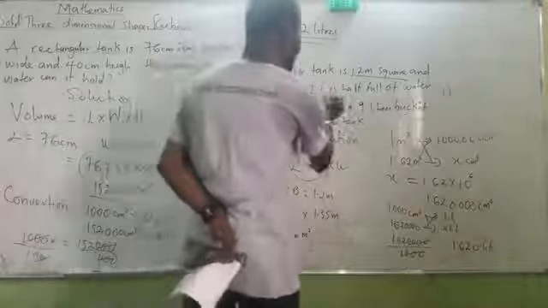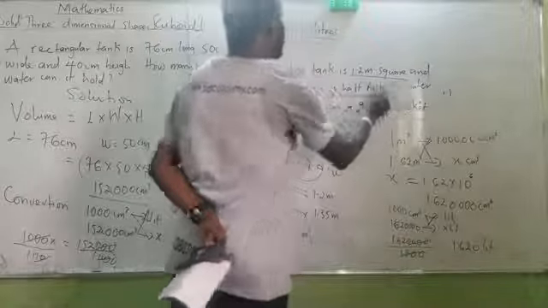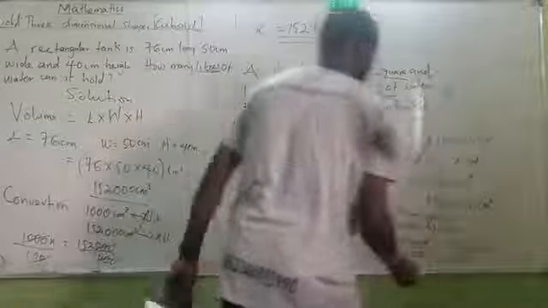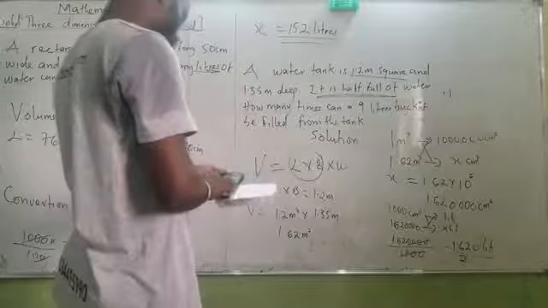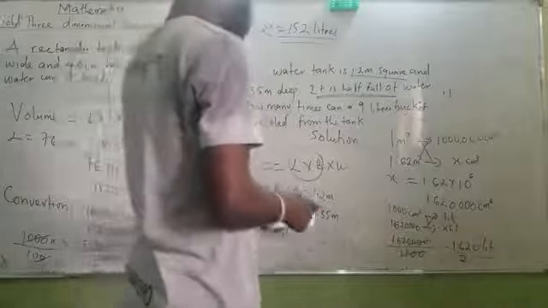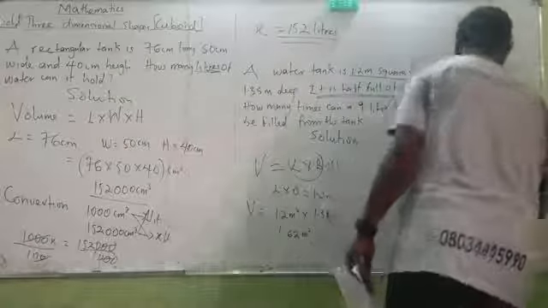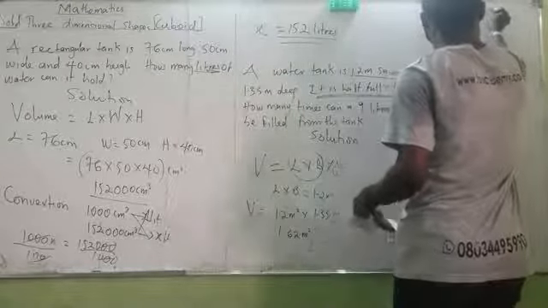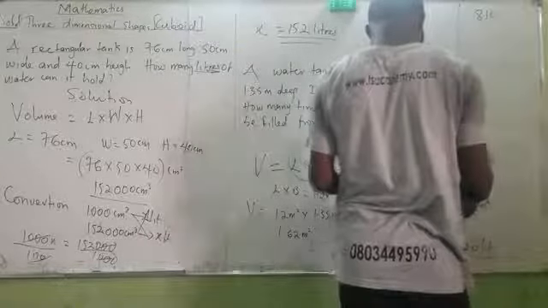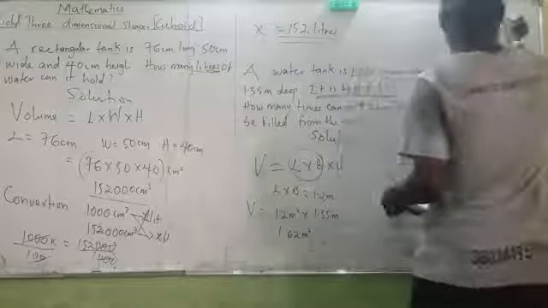Can you see? Half. It means since it's half, it will be divided by 2. Now, which I'll be having, sorry, permit me to manage this board, is going to be 810 liters.